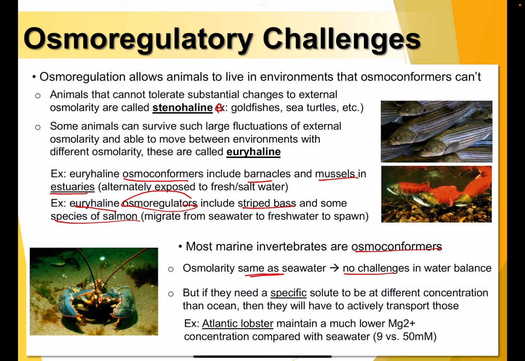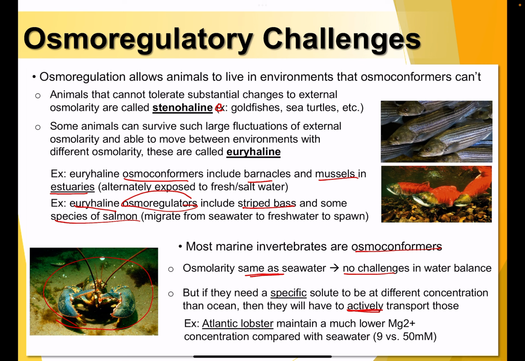But if they need a specific solute to be at a different concentration than the ocean, then they have to use energy to actively transport those. Notice active transport, because a lot of times you're transporting these ions against the concentration gradient, and that's why you have to put in ATP to transport those ions out. One example is the Atlantic lobster, which maintains a much lower magnesium ion concentration than seawater.